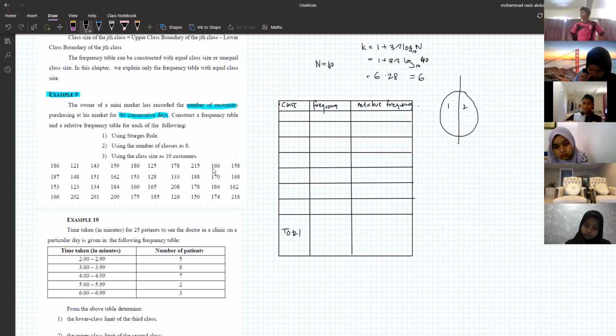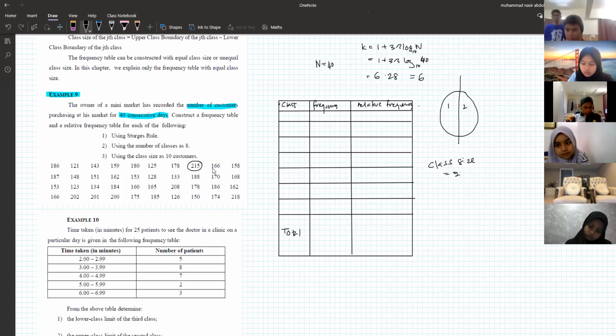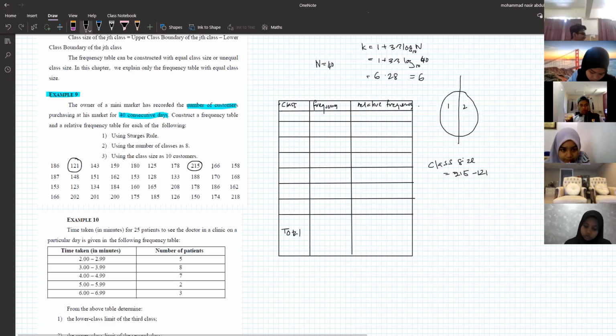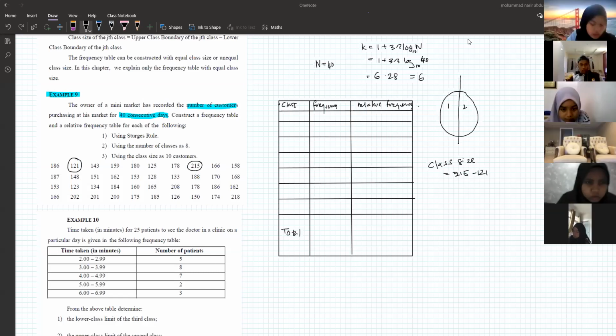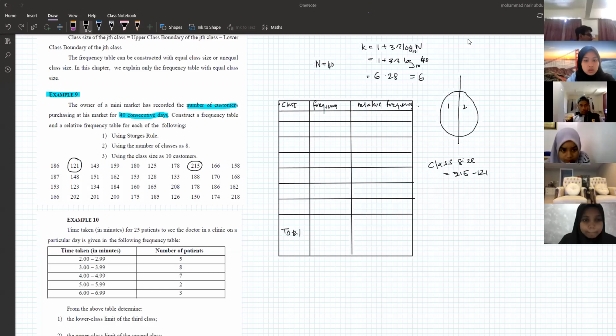The highest value is 218, somewhere here, yes.